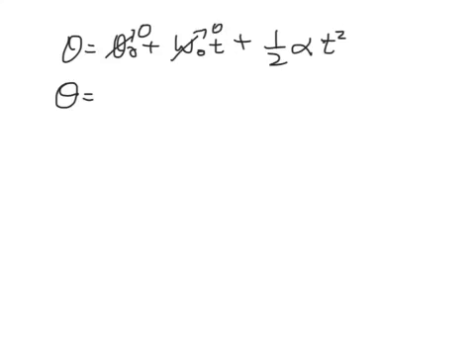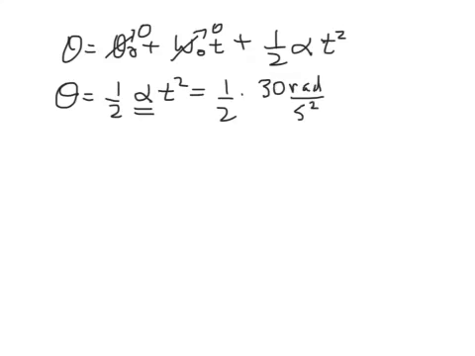And so we can say the angle it turned through is 1/2 times alpha times t squared, right? And so that's 1/2 times alpha, which we calculated in part A, was 30 radians per second squared. And then t squared is 5 seconds squared, which is the time it took to spin up, 5 seconds.